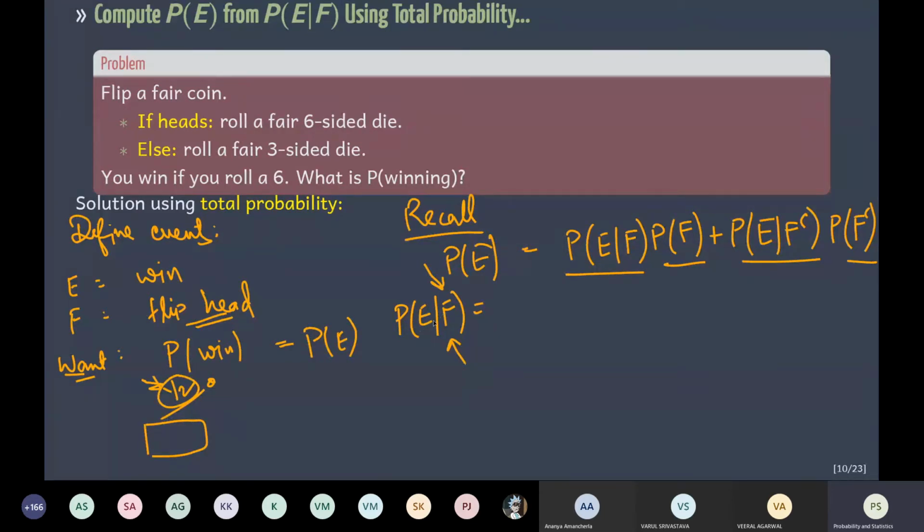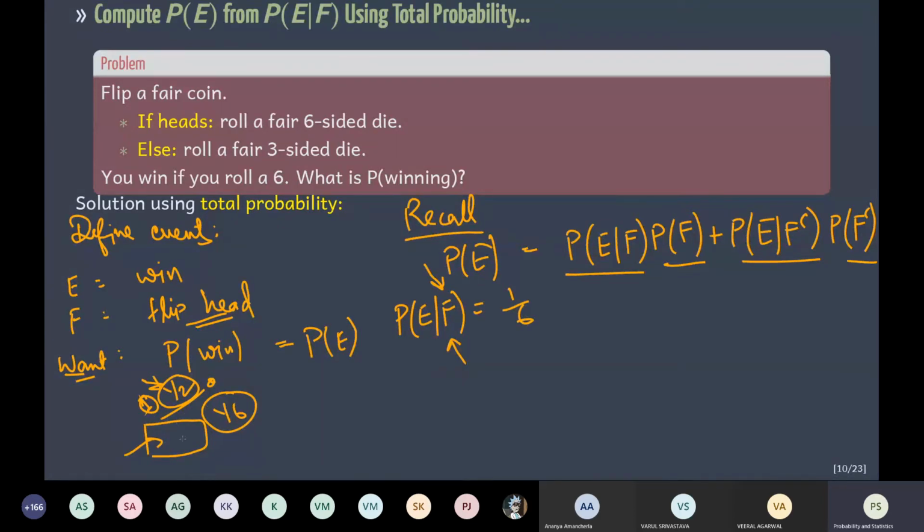So the question is, what is the probability of winning given that head has happened in the coin toss? With probability 1, I'm going in this branch, and the only thing left is the probability that I will win after I have come to this branch in a deterministic way. So this means that it's 1/6. So you see how things changed.